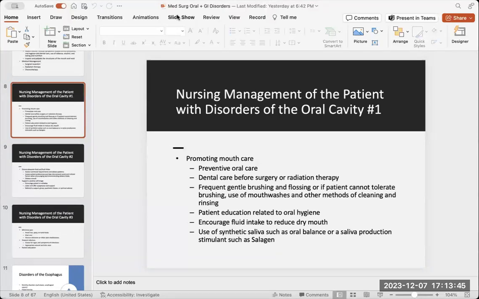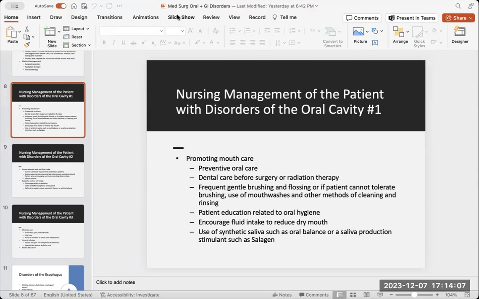Mouth care, always having dental care, gentle brushing or flossing because they have sores and bleeding and we don't want to make it worse. We don't want to use mouthwashes that have alcohol in them. So that's a teaching point, right? Because that's going to hurt them. Oral hygiene. That's going to be the main thing that you're going to be teaching them, right?